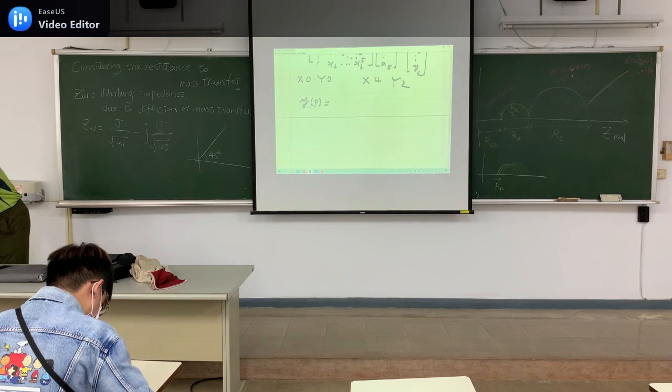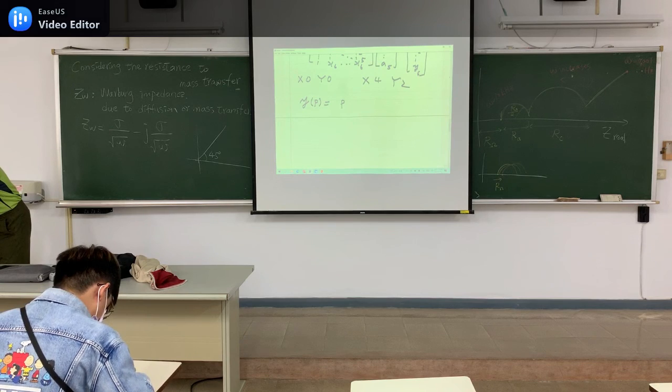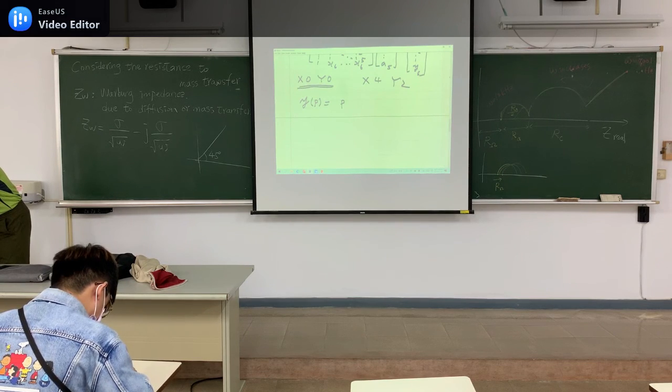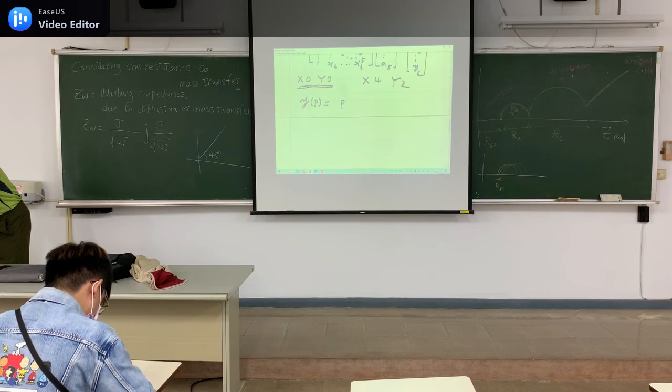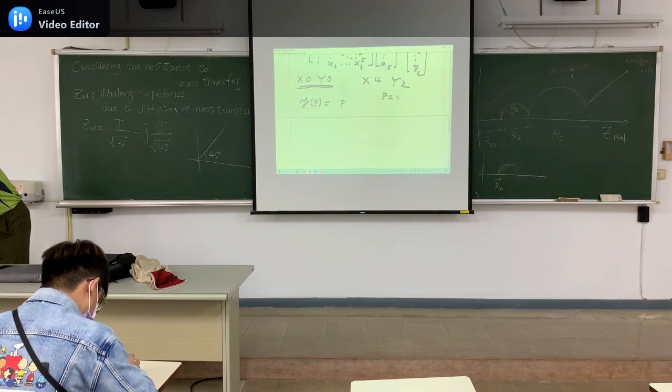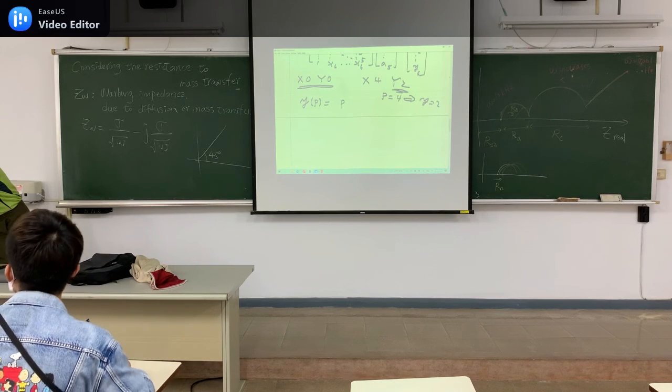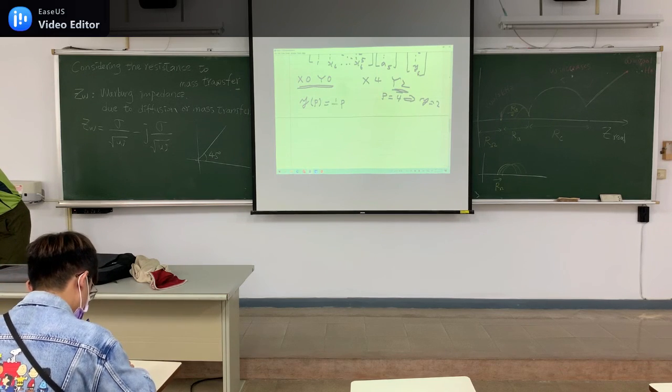It's linear, so only P. Because the starting point is x0, y0, the constant term is 0. Only the linear term. But when P is 4, Y is 2, the ending point is 2. So that means the coefficient must be 1/2.